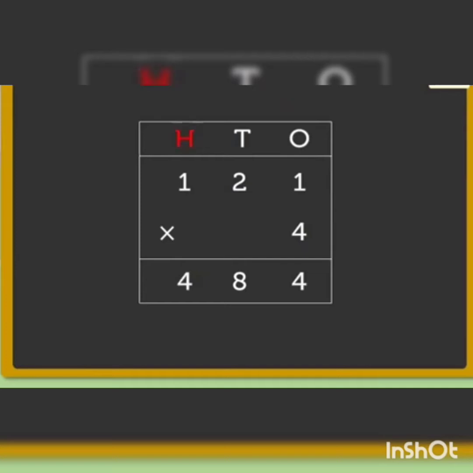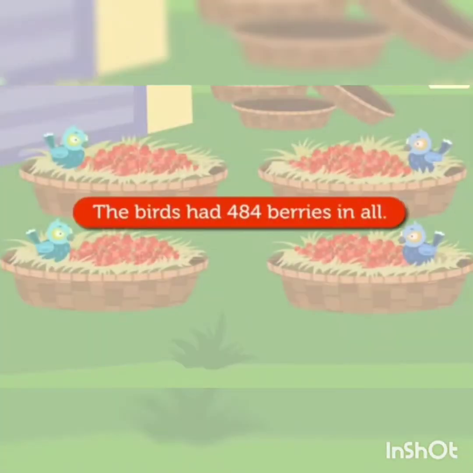So the product is 484. At the ones place the digit 4, at the tens place the digit 8, and at the hundreds place again the digit 4. So the birds had 484 berries in all.